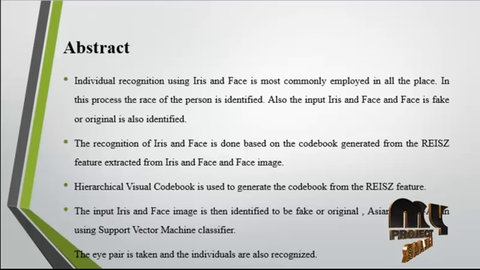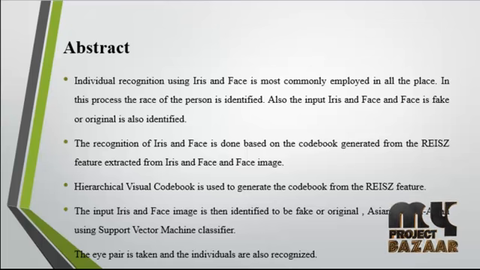At first, the RAIS feature is used for iris recognition and the PCA feature is used for face authentication. By the combination of RAIS and PCA, score level fusion is used to fuse the features of both the iris and face image.